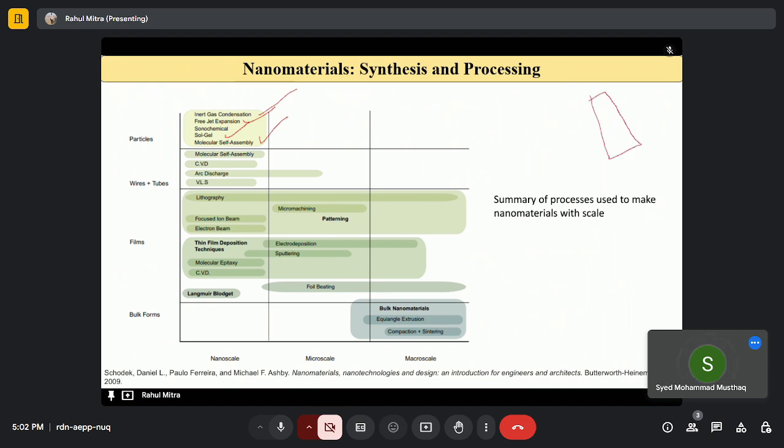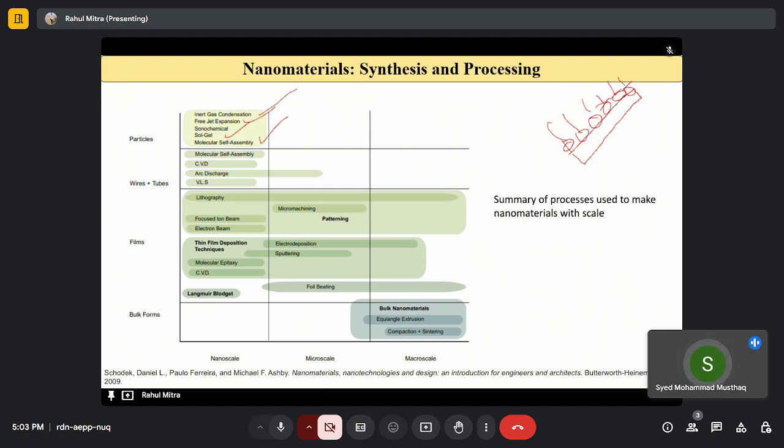Suppose this is my substrate; these fatty acids will form a monolayer, a molecule-thick film.